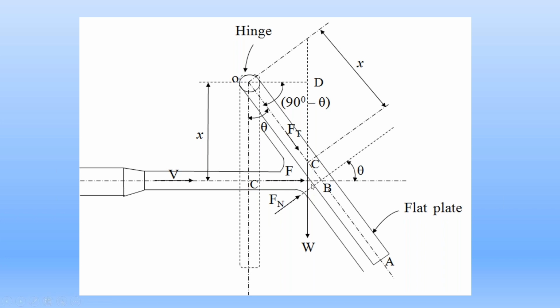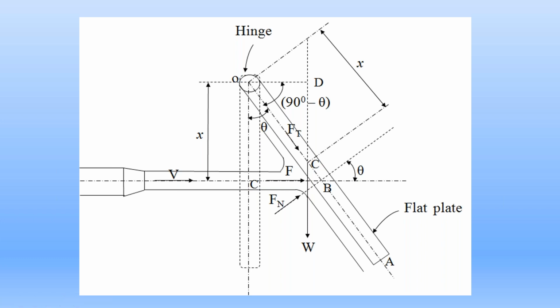Resolving this force F at point B into two components: one is the normal component Fn, the next one is the tangential component Ft. The normal component Fn is equal to F cos theta. What is the force F? Rho A V square.